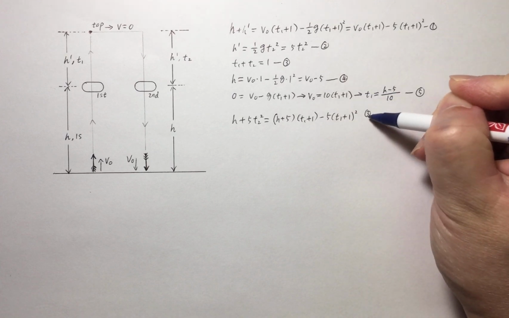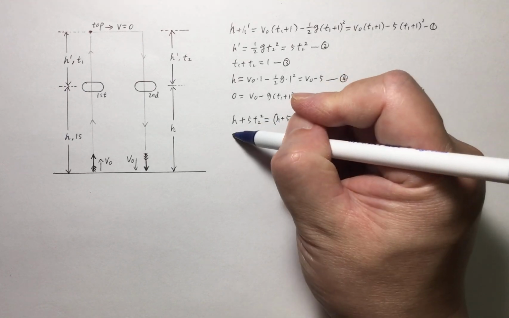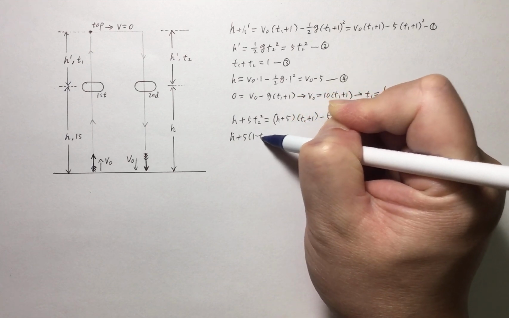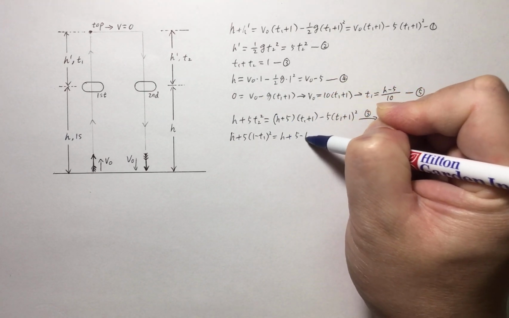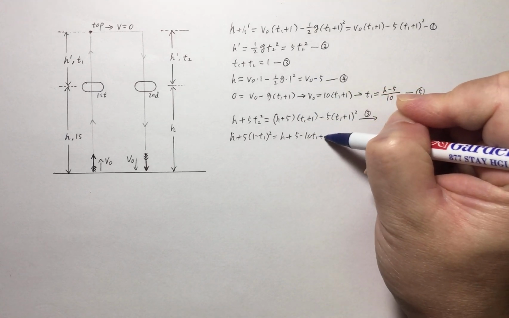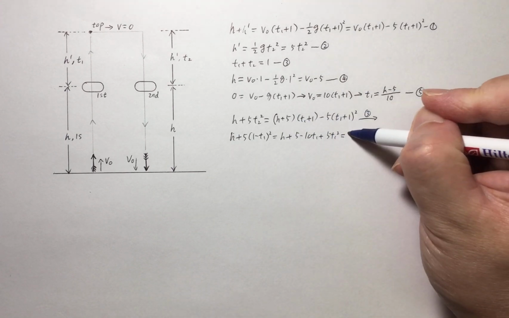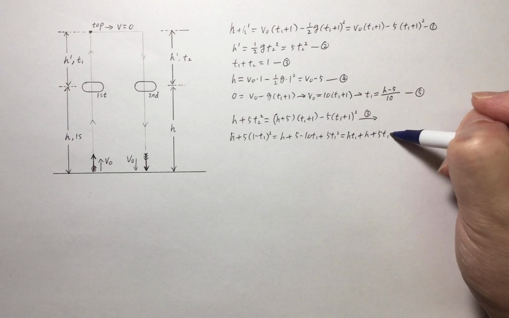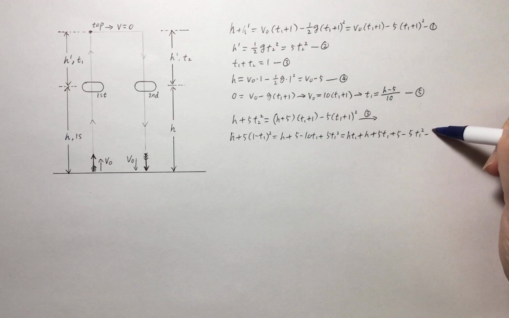We plug equation 3 here, then it becomes h plus 5 (1 minus t1) squared, that equals h plus 5 minus 10 t1 plus 5 t1 squared, that equals this term: h t1 plus h plus 5 t1 plus 5 minus 5 t1 squared minus 10 t1 minus 5.